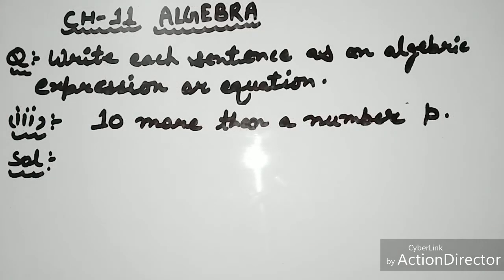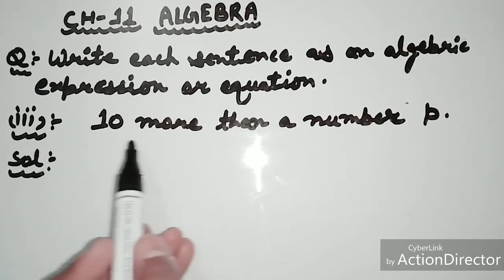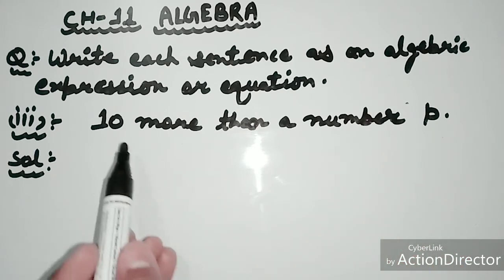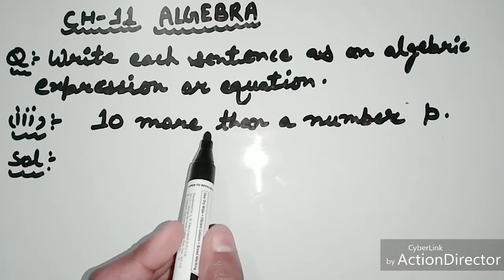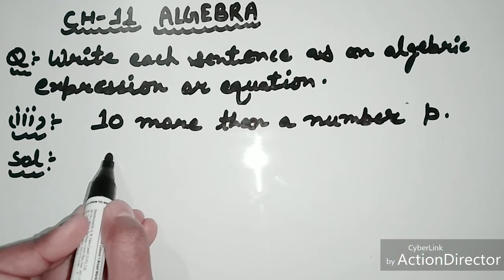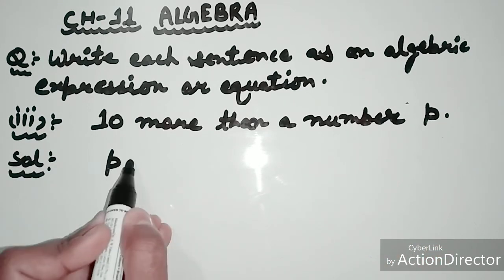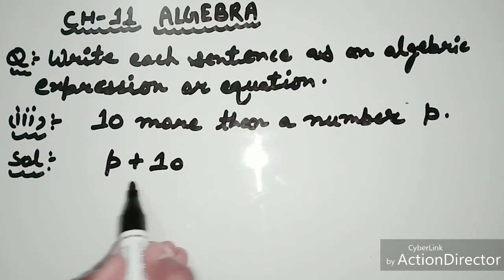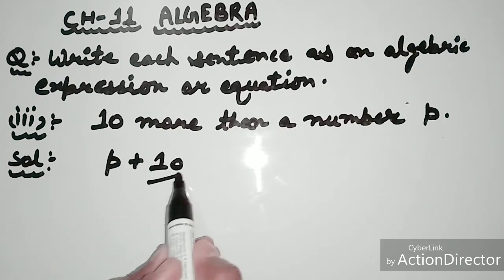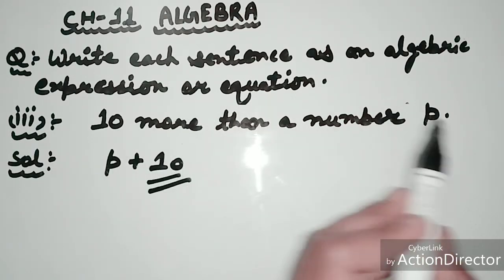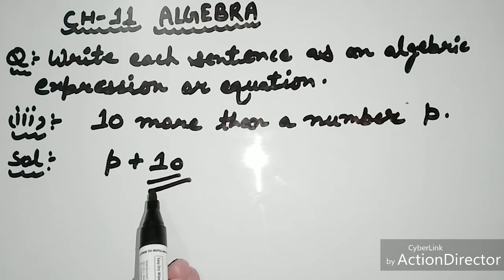Now the third example: 10 more than a number P. Here it is P plus 10, because 10 more means add to P. So P plus 10.